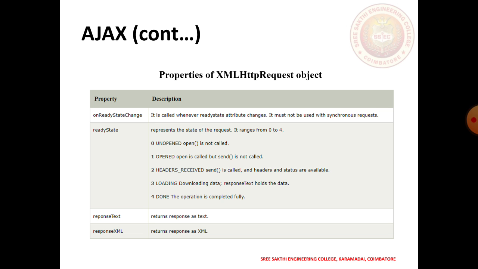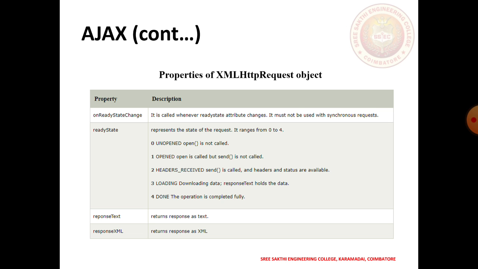Next, the properties of the XMLHttpRequest object. Here we have four different properties: onreadystatechange, readyState, responseText and responseXML. onreadystatechange occurs when the attribute changes. readyState has five different values. When the value is 0, the request is not initiated.